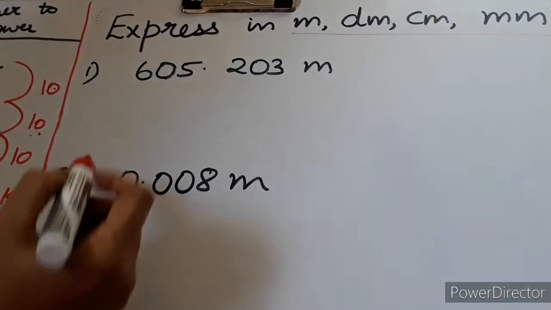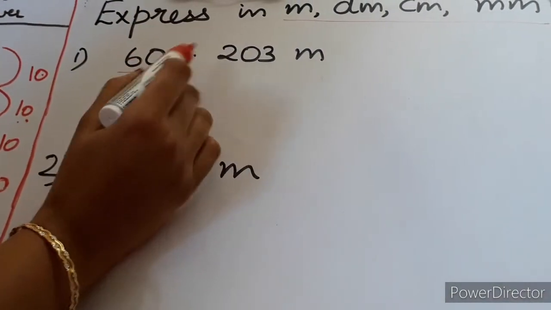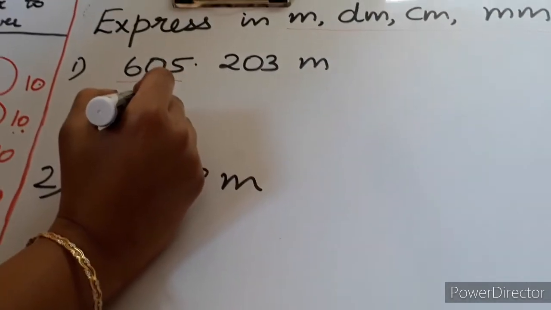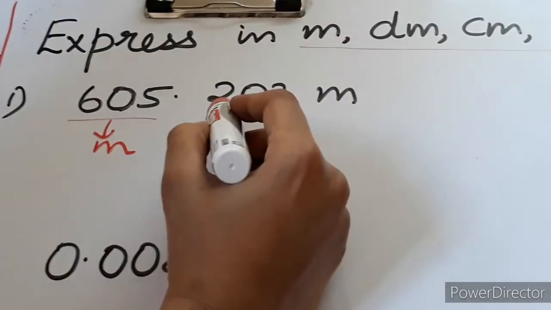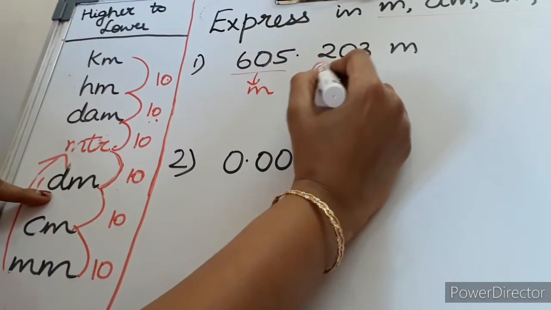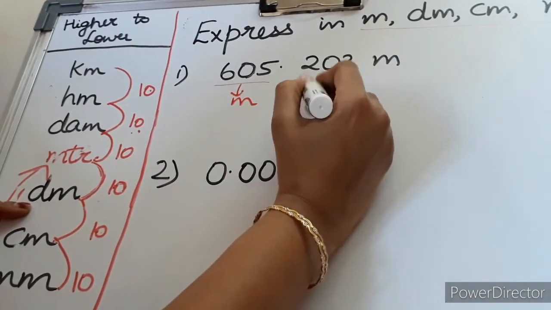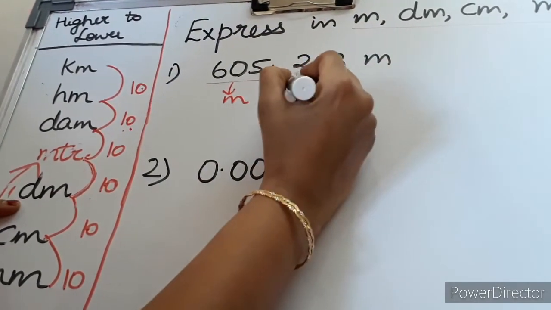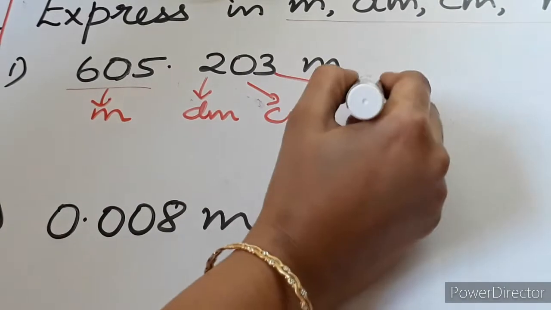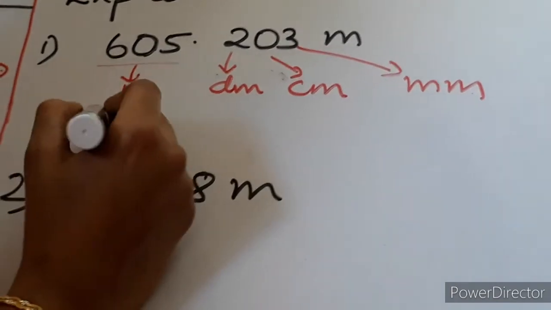So how will we do it? 605, the higher unit is meter, so this is the meter value. 605 meter. Then 2 will be decimeter. Then this is centimeter. This is millimeter.